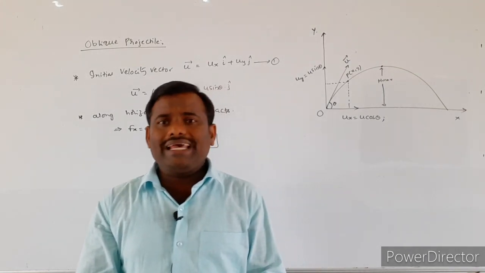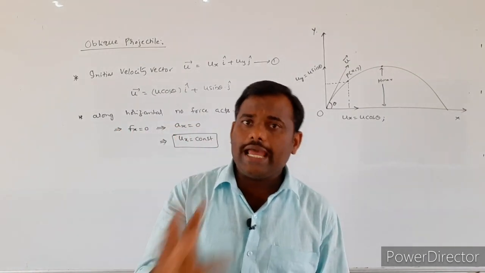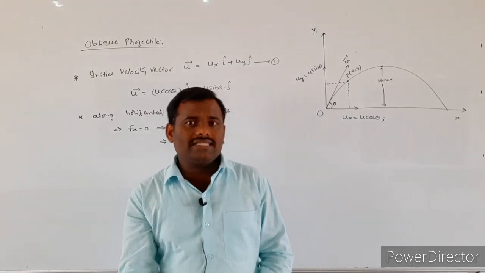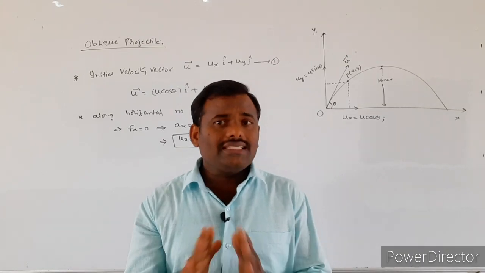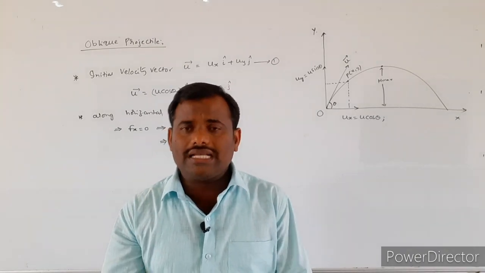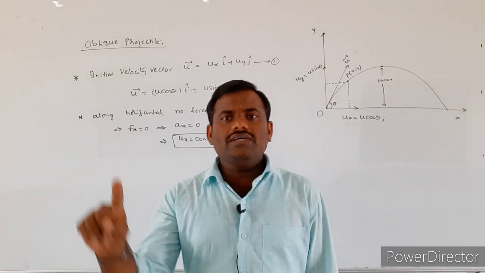Acceleration exists whenever there is a change in velocity with respect to time. Then only acceleration is present. Acceleration equal to 0 means along the horizontal direction there is no change in velocity.